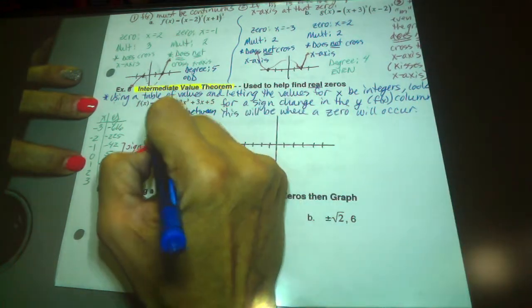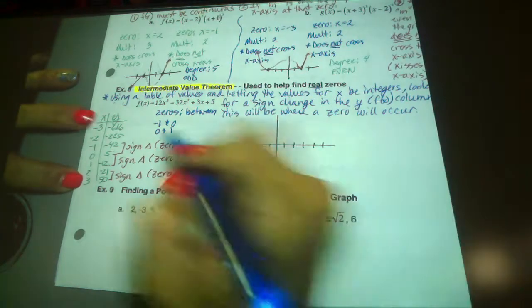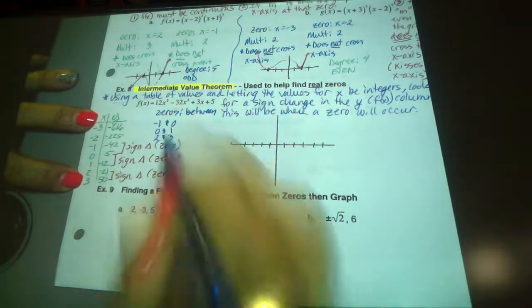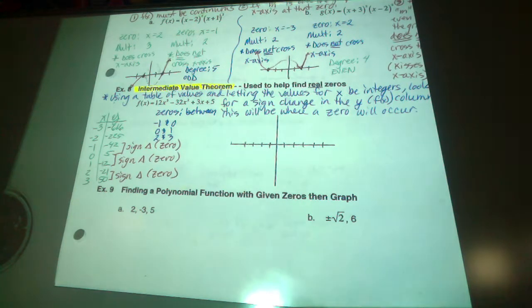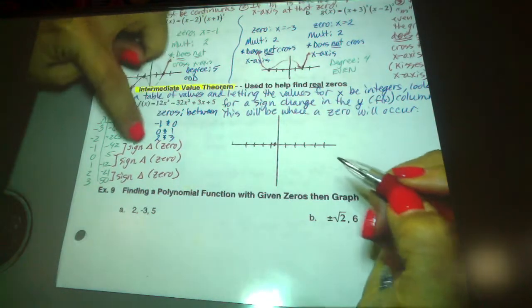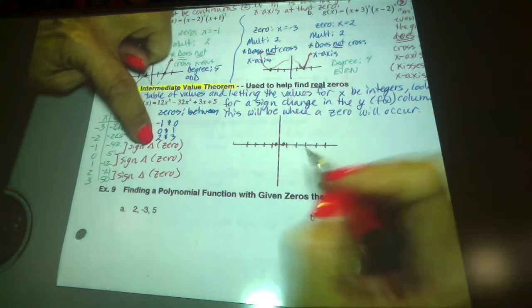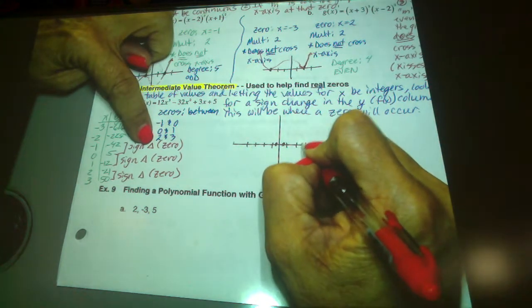Between 0 and 1, that's another one. And then between 2 and 3. So there's my 3 zeros. So because I don't know where, I'm just going to plot my point halfway in between. So halfway between 0 and negative 1 would be here. Halfway between 0 and 1 would be here. So those are quite close together. And then halfway between 2 and 3, that's a little further apart.